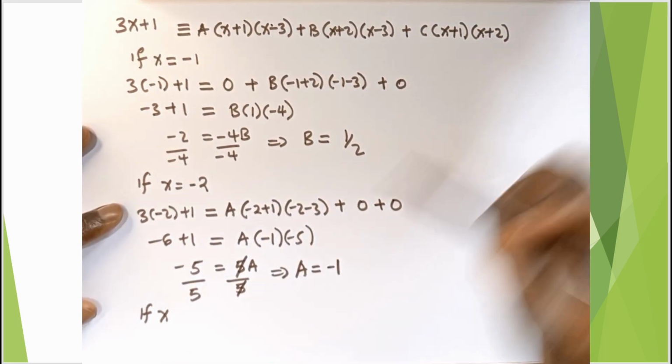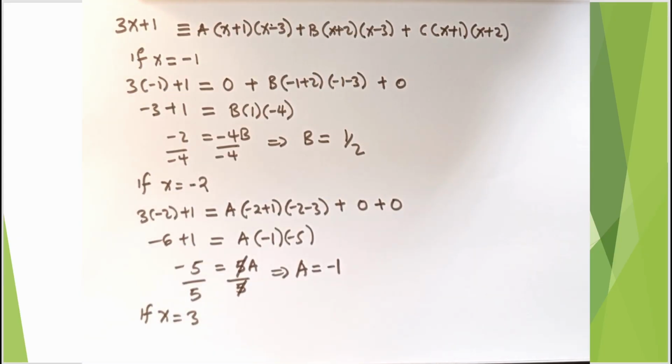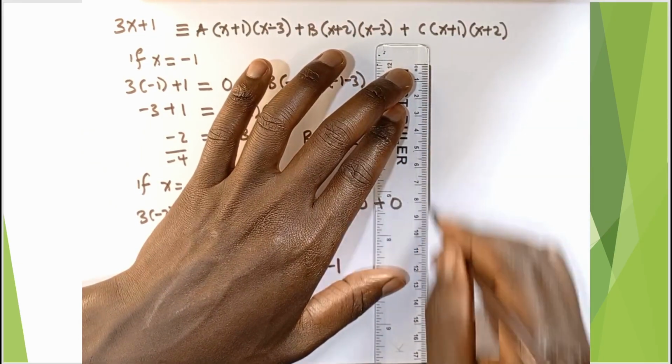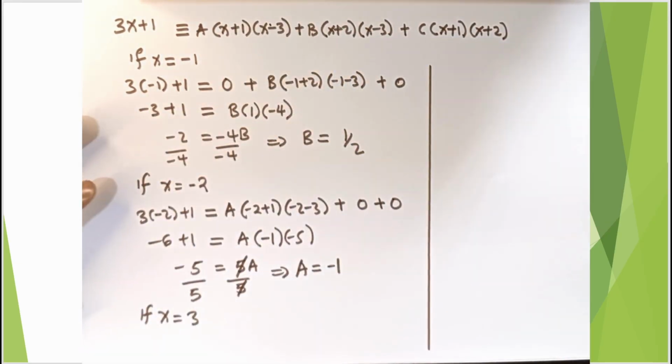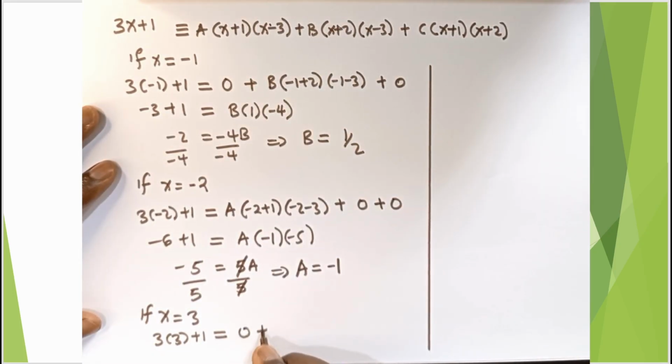So if I say, if x is 3, I'll have 3 into 3 plus 1 is equal to, now a will go to 0, b will go to 0, and then I remain with the c.